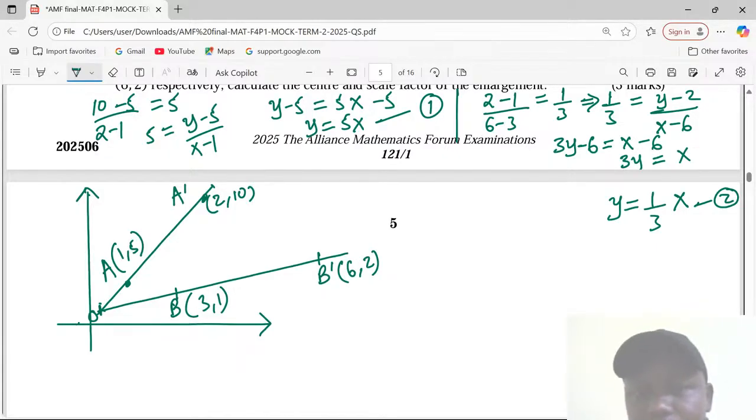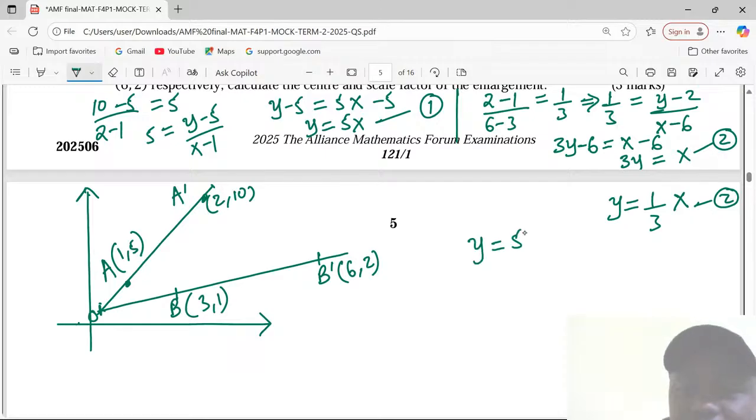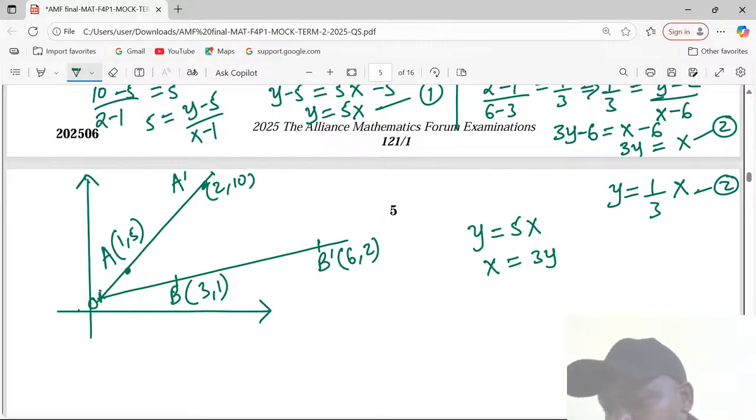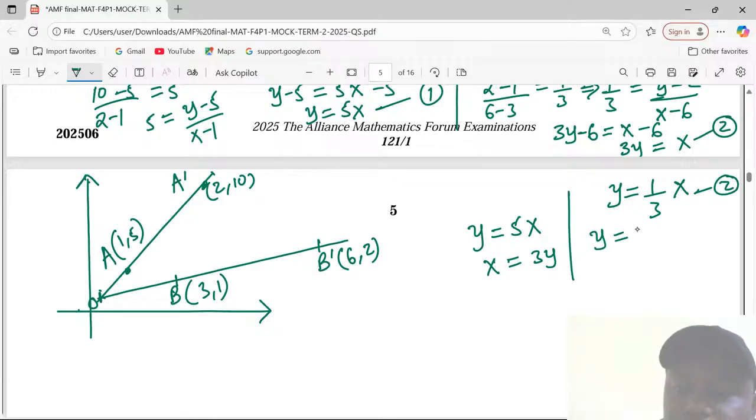So in equation 1, y equals 5x. Equation 2, x equals 3y. Now we can solve for the value of x by saying that y equals, instead of x, we write 5 times 3y.